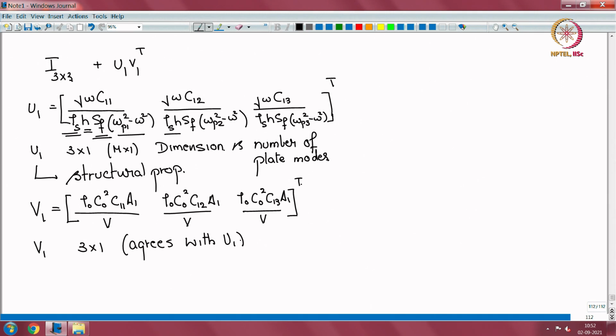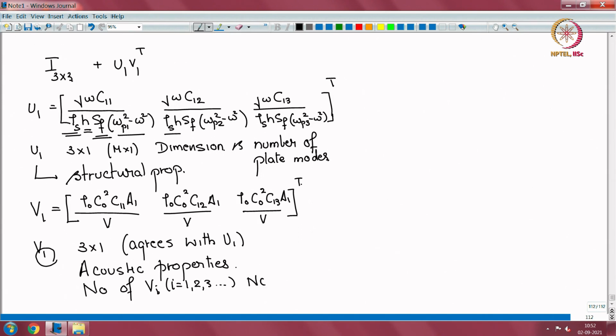But it has all the acoustic properties, and how many V's will be there, the number of V vectors, that is Vi, whether 1 or 2 or 3, depends on the number of acoustic modes considered.